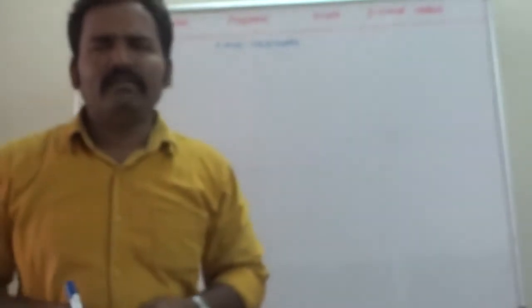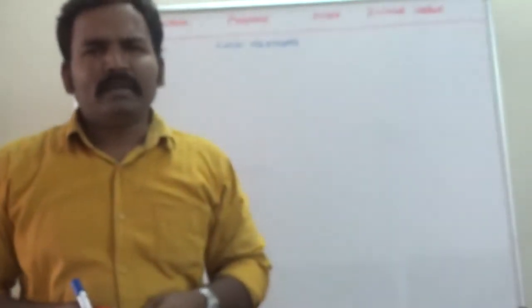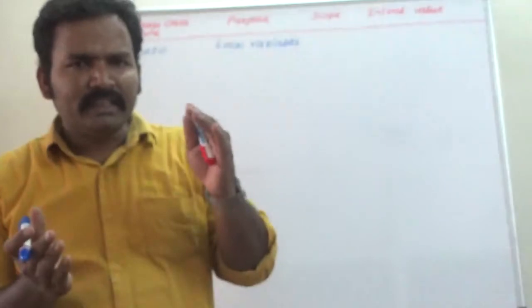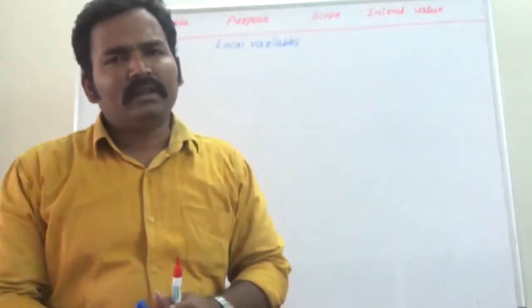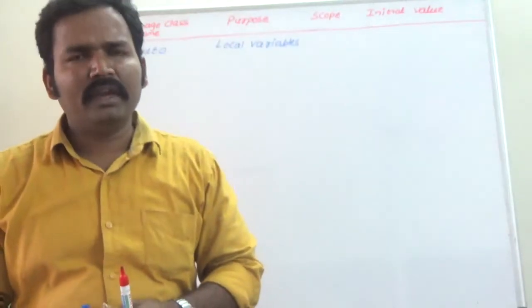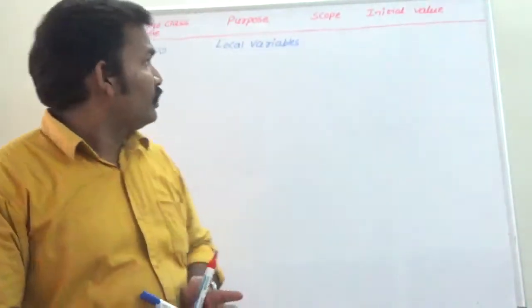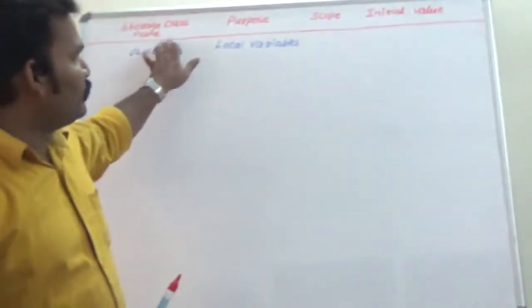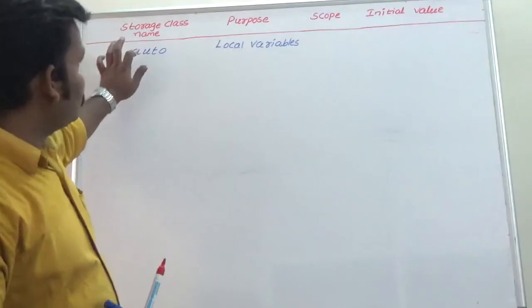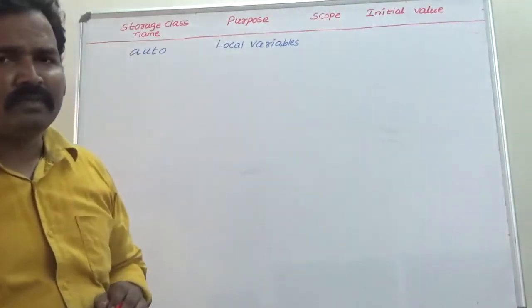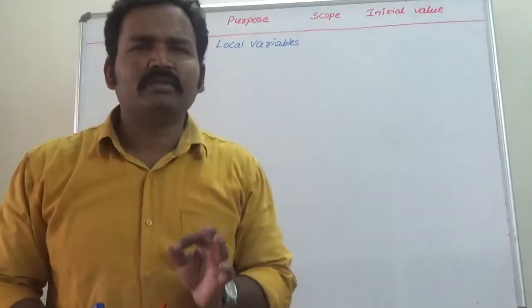What is meant by local variables? The variables which are declared within the function, or inside the function, are called local variables. So, first point: auto storage class is used for local variables and it is the default storage class. The default storage class is auto.